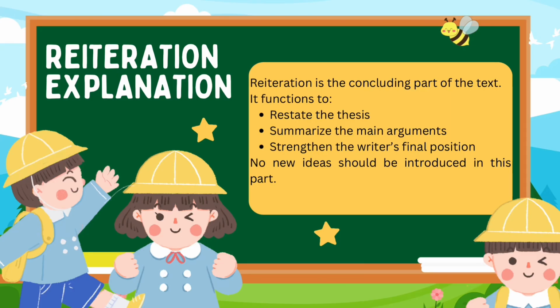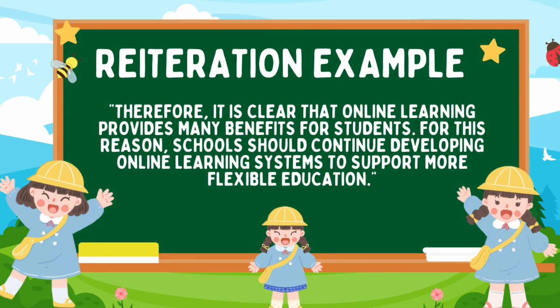Slide 11. Reiteration explanation. Reiteration is the concluding part of the work. In this section, we restate the main point, summarize the arguments, and strengthen the writer's final position. No new ideas should be introduced here. Slide 12.